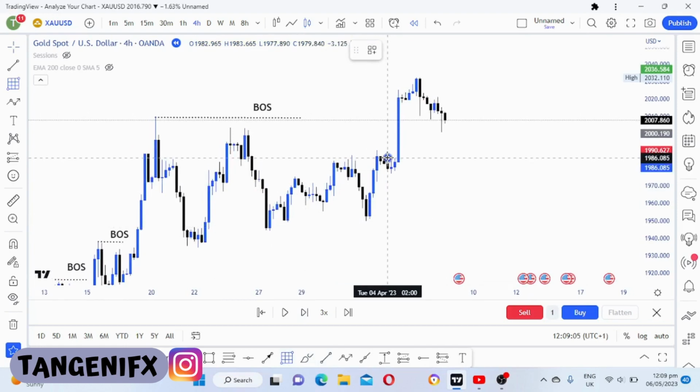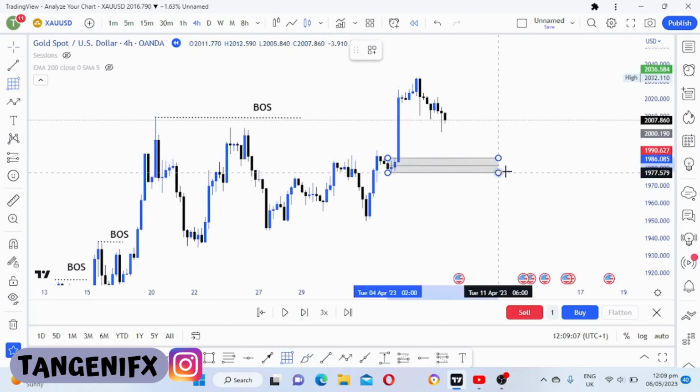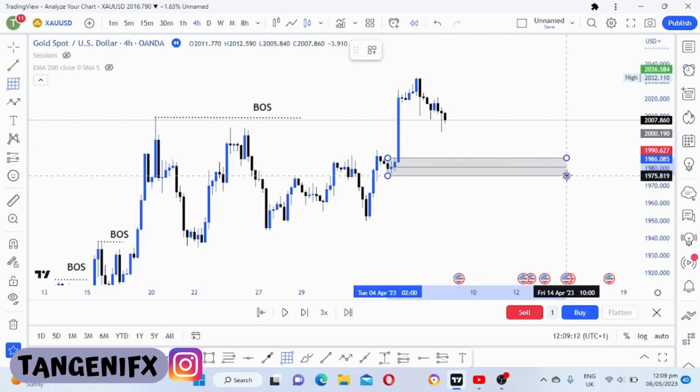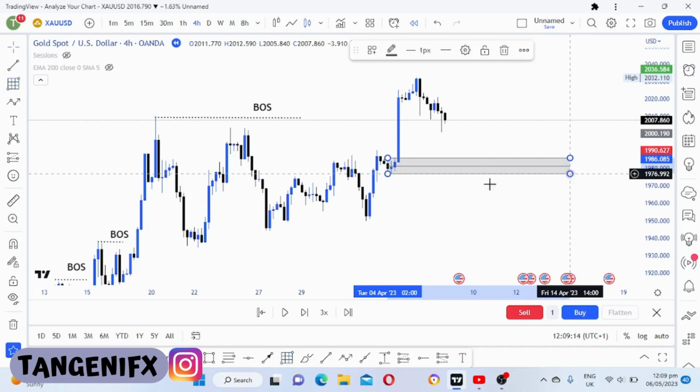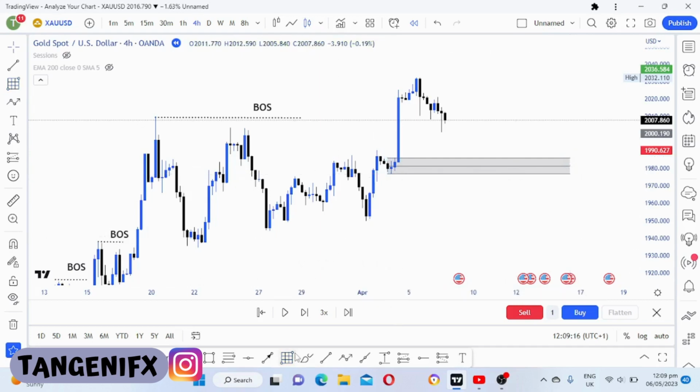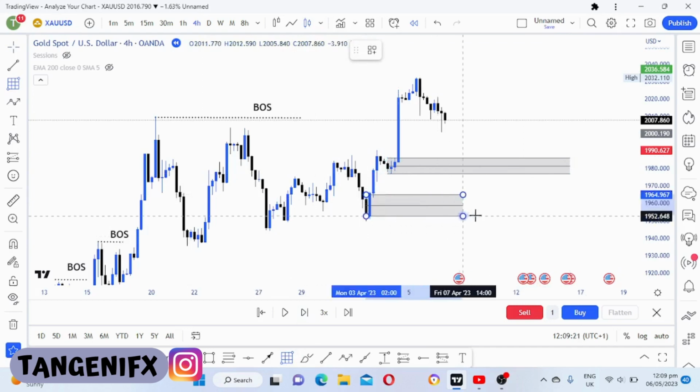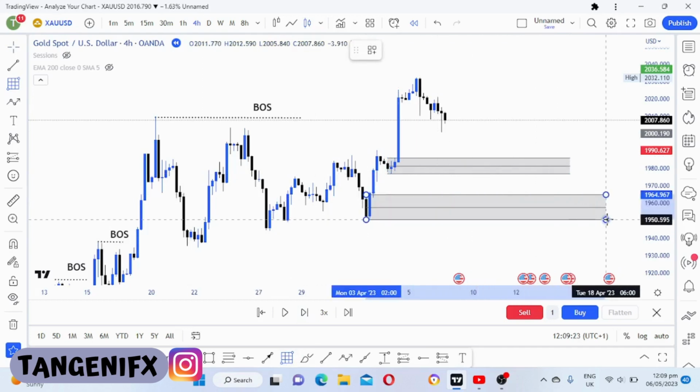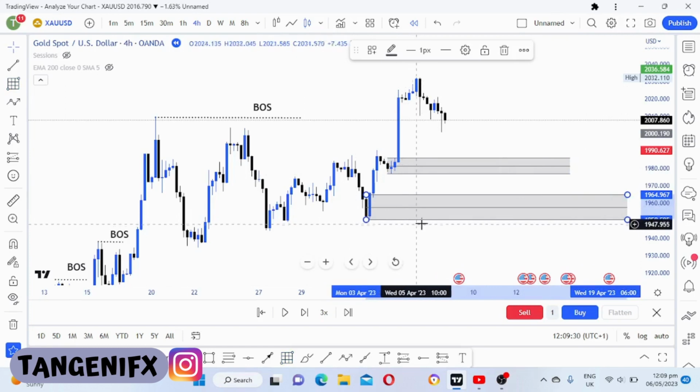So here is my zone, my first demand zone is here, and the second demand zone is here at this order block. The second one is what we call a major demand zone. This one is a minor demand zone.